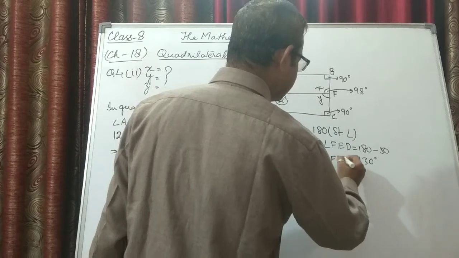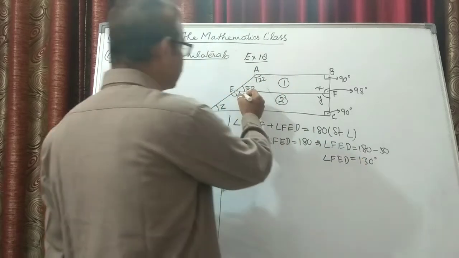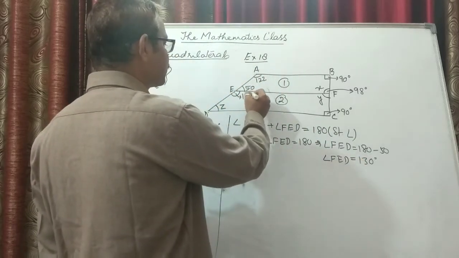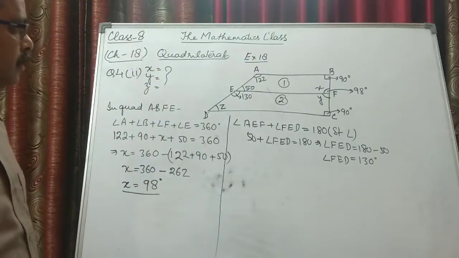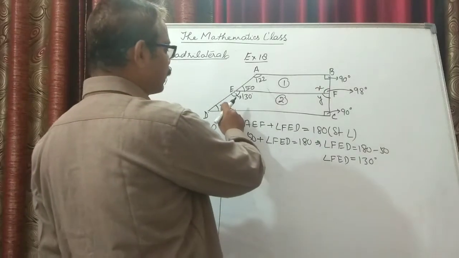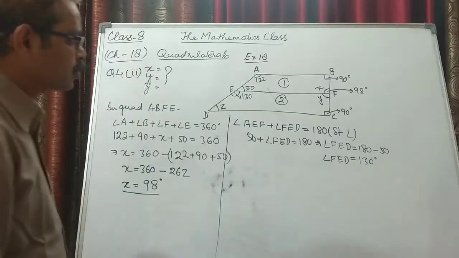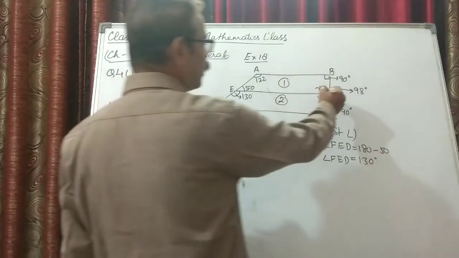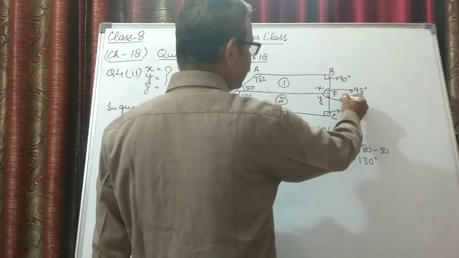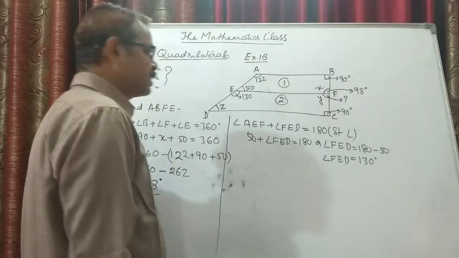Angle FED, this is 130 degree. Why I solved this? Because here we have two variables, one is this, one is this. So we also need to find out the value of y. Y will also be calculated in the same manner.